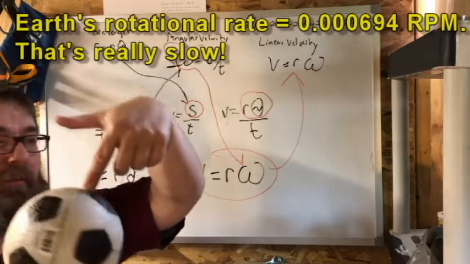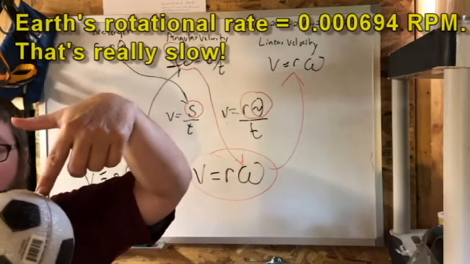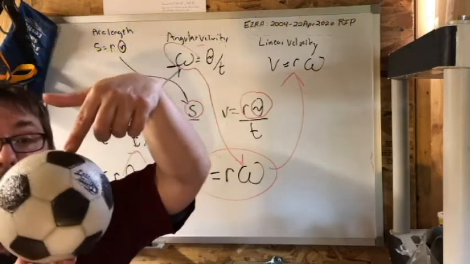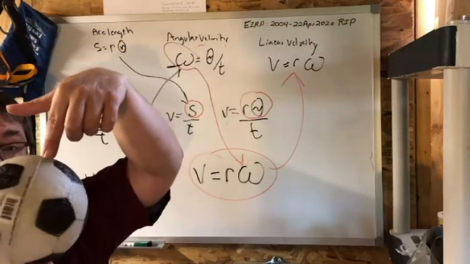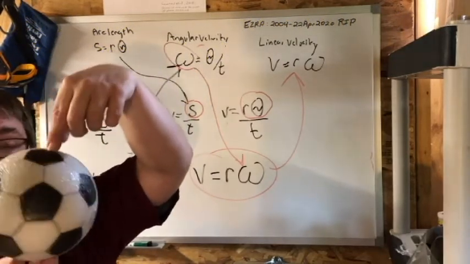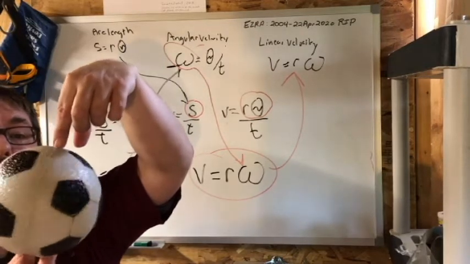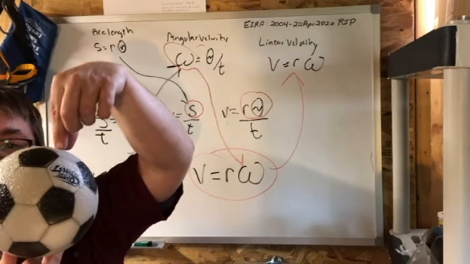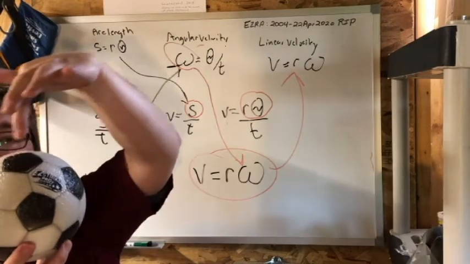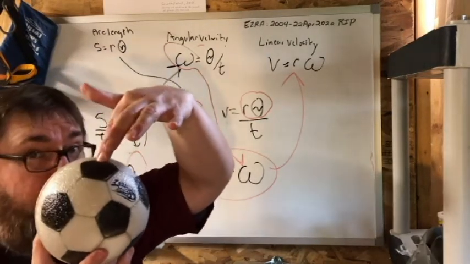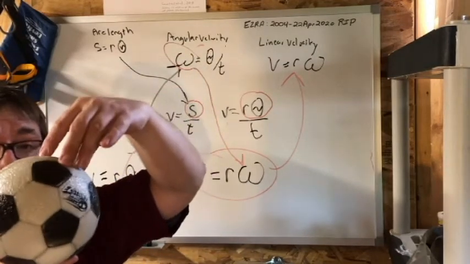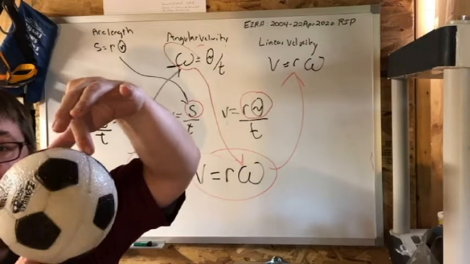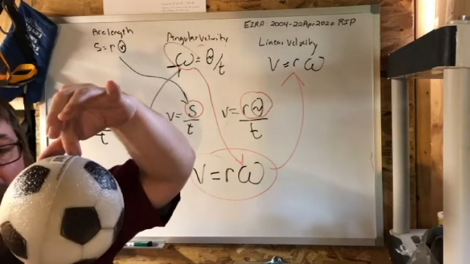RPMs would be ridiculously low because the Earth spins once every 24 hours. But the angular velocity, nothing changes. Say I'm at 15 degrees per hour rotating. It's the same at the equator as it is all the way up here near the axis of rotation. That doesn't change. It's 15 degrees no matter where I am.